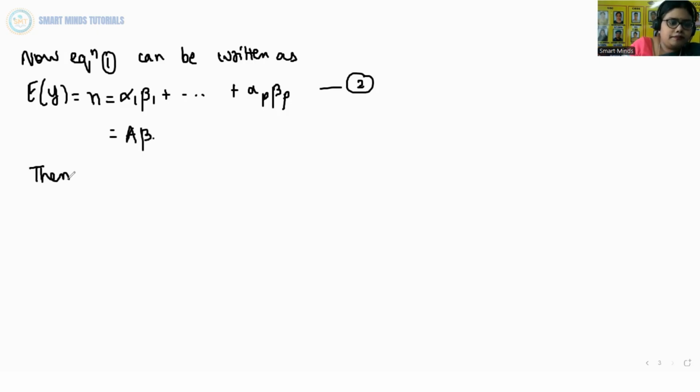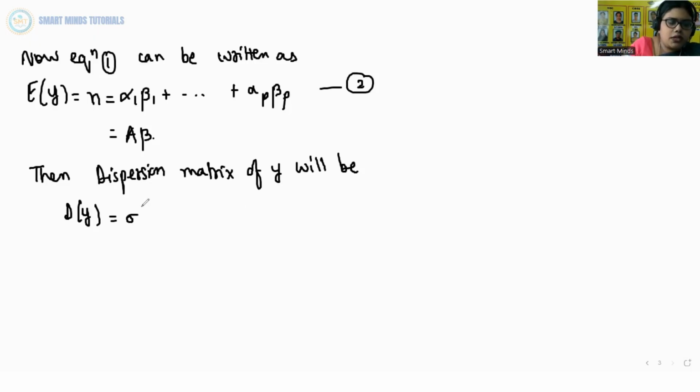Then dispersion matrix of y will be D of y is equal to sigma square I, where I is identity matrix of order n.